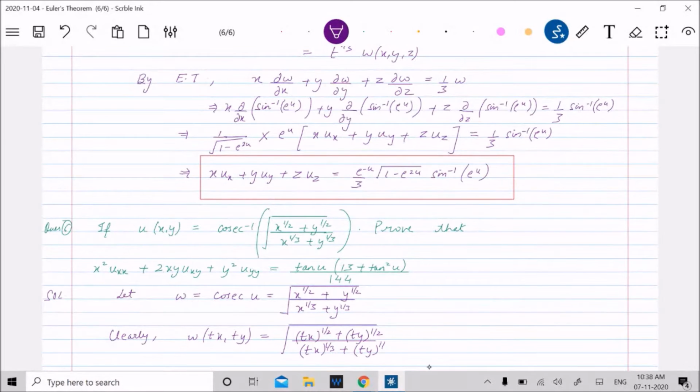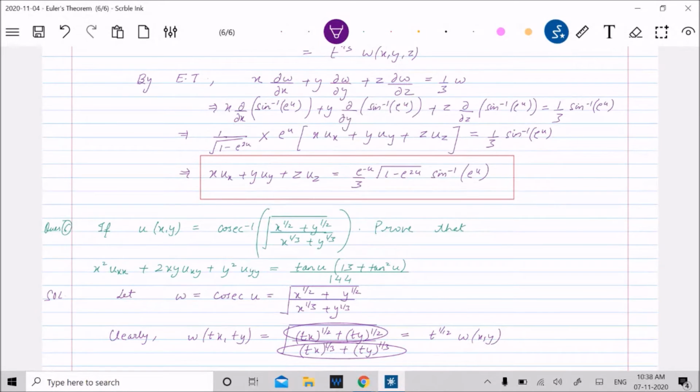Okay, let's take out how much is common. From the top, t to the power half comes out, and from the bottom, t to the power 1/3. 1/2 minus 1/3 gives t to the power 1/6. And with the power half outside, that will be 1/2. We will be having W of x comma y. Please do not forget this square root sign. T to the power half will be common from here, t to the power 1/3 will be common from here, so that will be t to the power half minus 1/3. 1/2 minus 1/3 is 1/6.